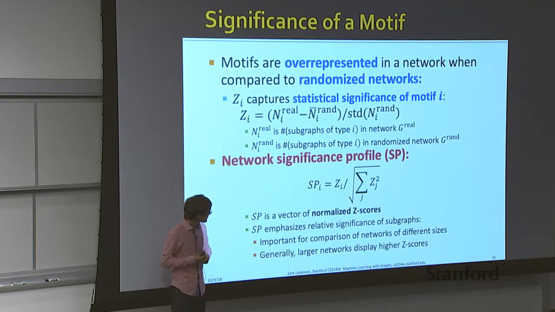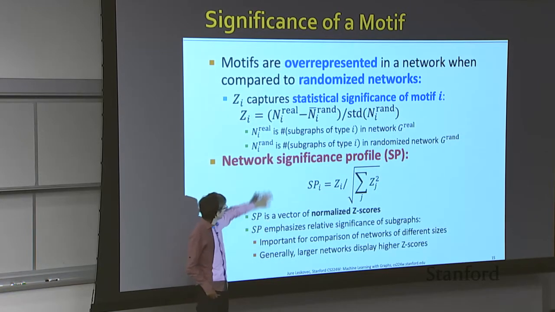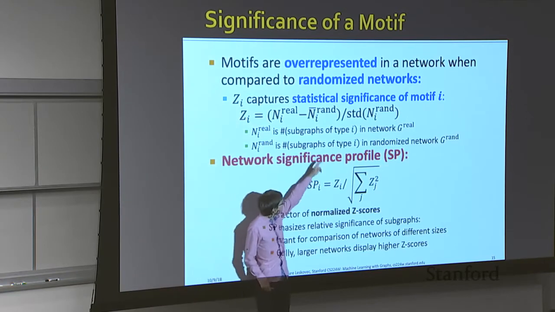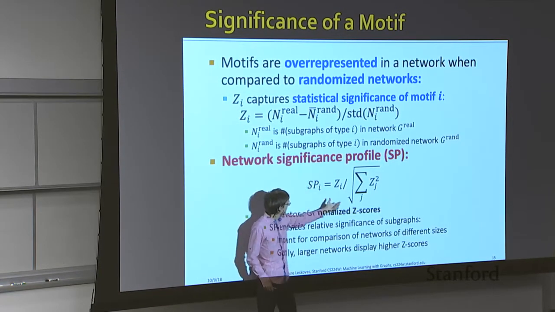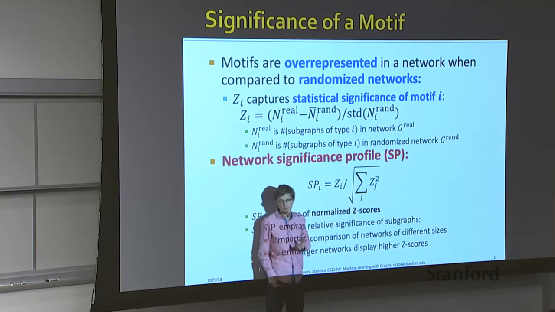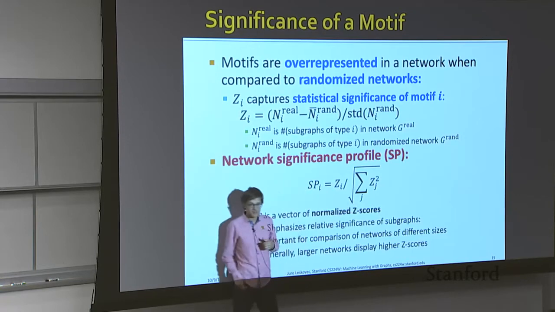Okay? And then the way they define the network significance profile, I think this was first done by biologists, because they take these z-scores and normalize them so that they have length 1, which is a bit funny, but they are who they are, right? So that's how they do it.